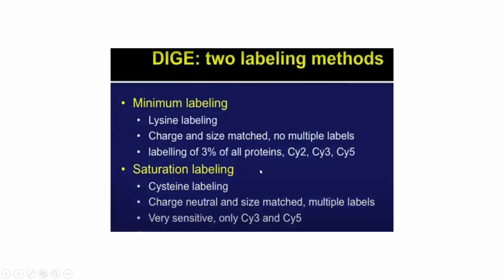So it doesn't label each and every protein present in the sample. Similarly, there is cysteine labeling also, wherein charge is neutral and size is matched, and multiple labels can be done. That's the difference here. Only here no multiple labels can be done, whereas in this saturation labeling technique, multiple labels can be done, and it is very sensitive compared to minimum labeling.